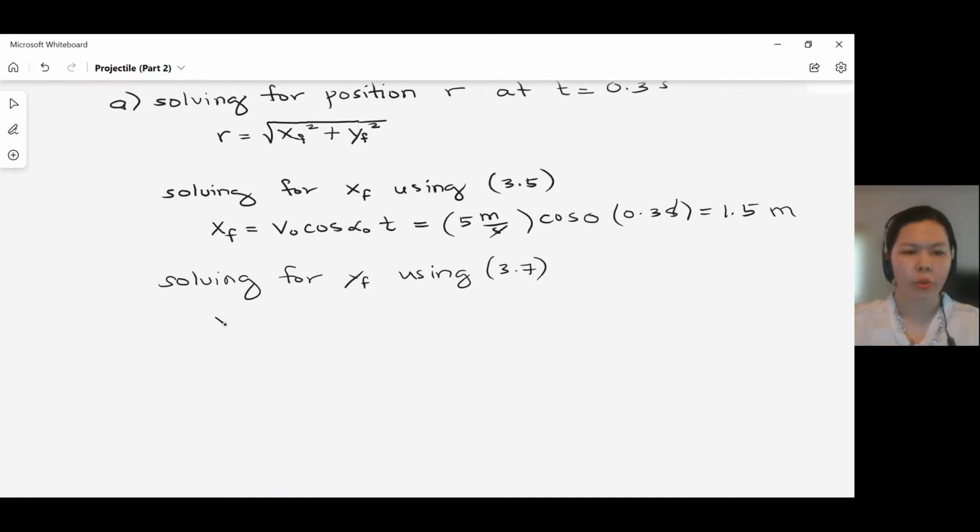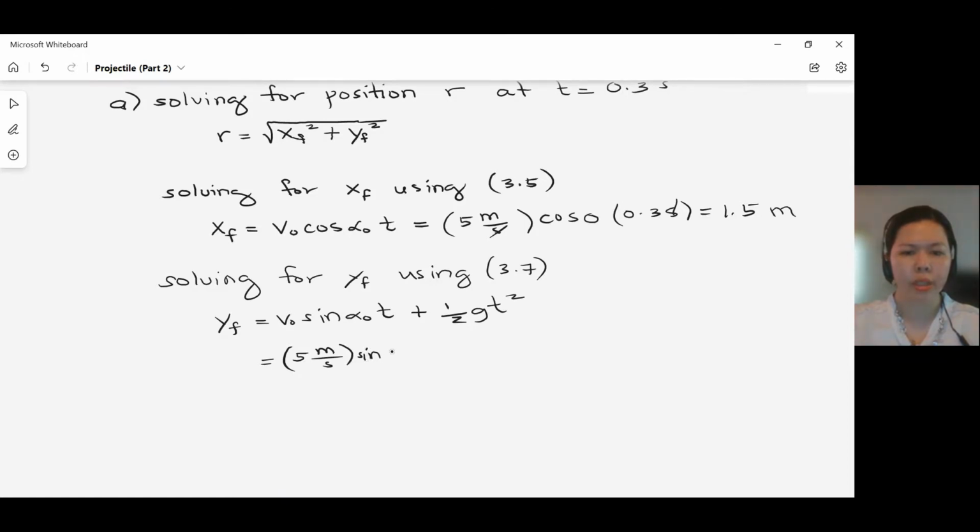So yf is equal to v naught sine alpha naught times t plus 1/2 g t squared. We substitute the value. V naught is 5 meters per second.